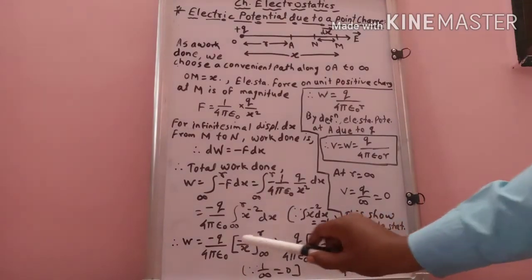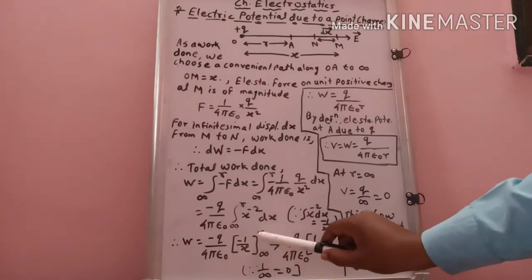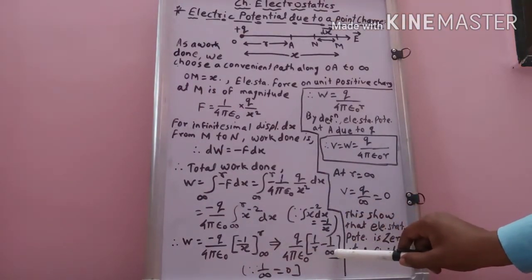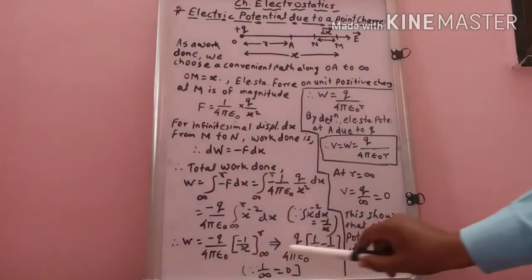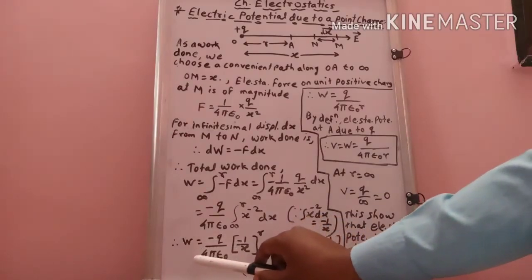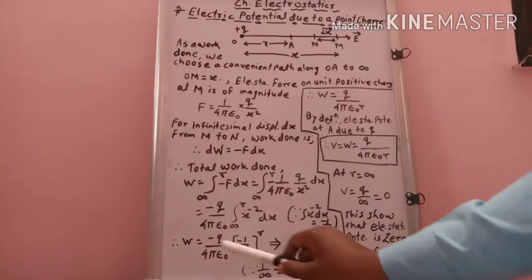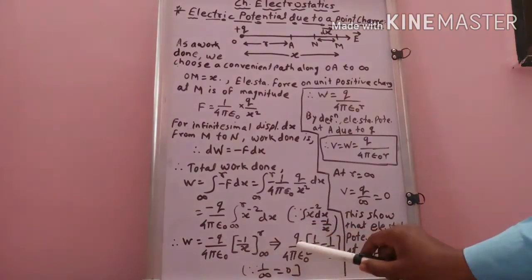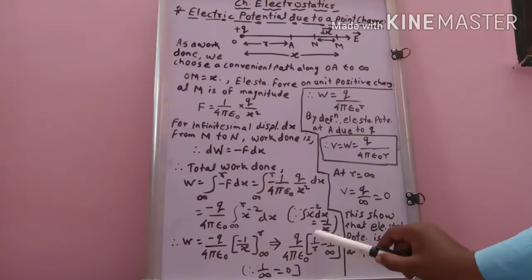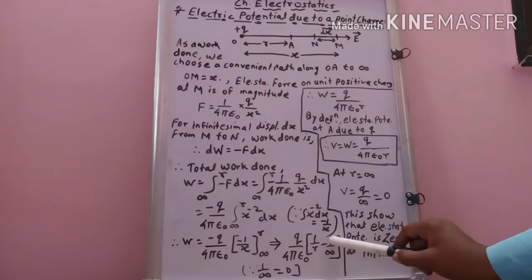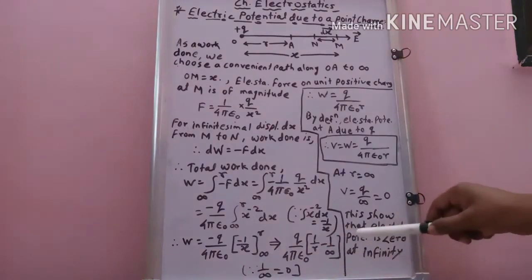Putting in the limits, upper limit minus lower limit, work done is equal to minus Q upon 4 pi epsilon naught times minus 1 upon x. Minus minus becomes plus, so we get plus Q upon 4 pi epsilon naught in brackets 1 upon r, the upper limit, minus 1 upon infinity, the lower limit.